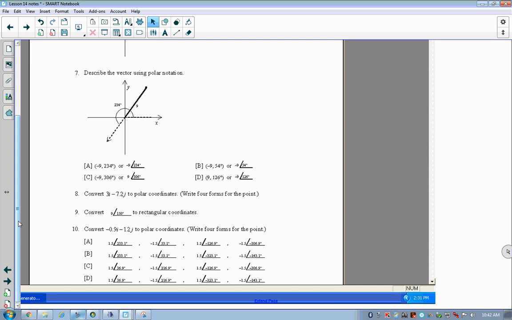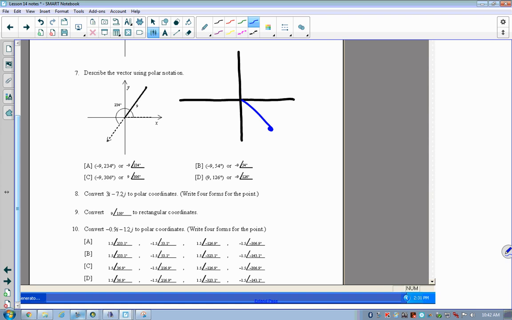But we want to convert this over to polar coordinates, so we need a hypotenuse and we need an angle measure. The way we're going to do this is we're going to look at it like this. 3 would be to the right, and negative 7.2 is going to be down here, correct?